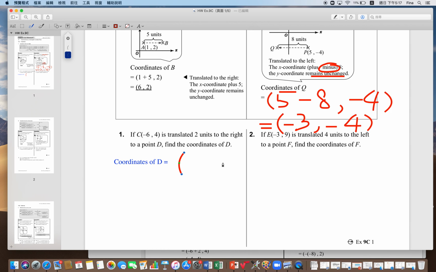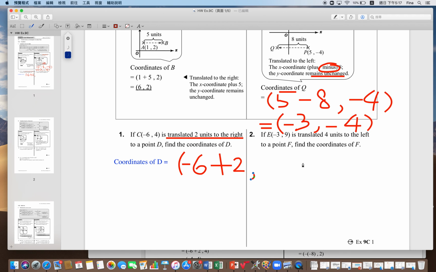Then the same idea is to use the bracket and then look at the translation. It is translated 2 units to the right. So the x coordinate, I mean the original x coordinate, that is -6. And then because it is to the right, it should be plus. How many units? It is 2. And then it is the change of the x coordinate, but no change for the y coordinate.